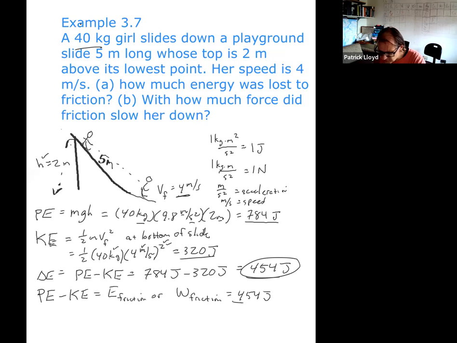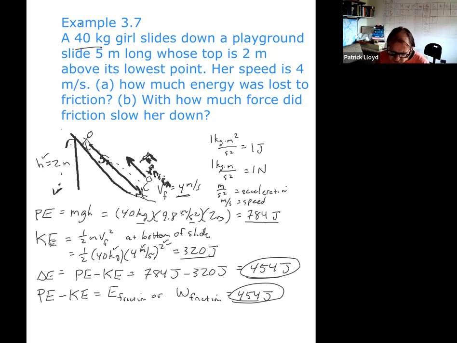Now, the second thing they ask is with how much force did friction slow her down? Again, you're going down this way due to gravity, and friction is applying a force in the opposite direction. I know that's hard to read there. This is an F for force, and then F-R-I-C-T for friction.